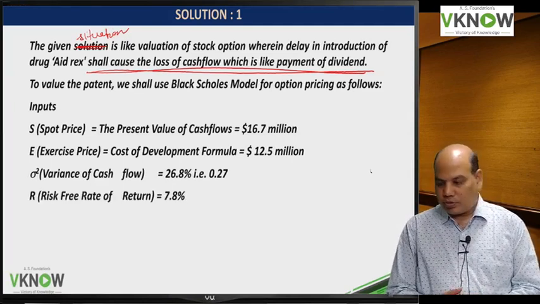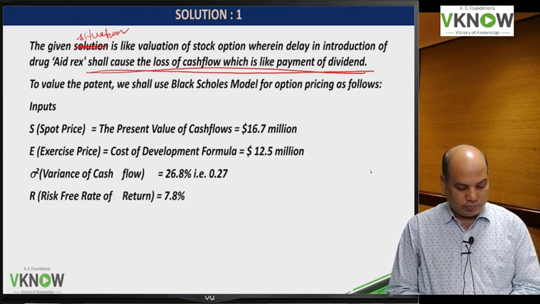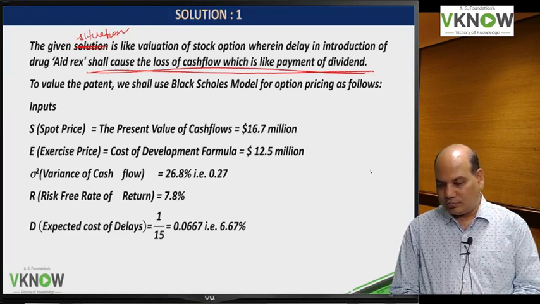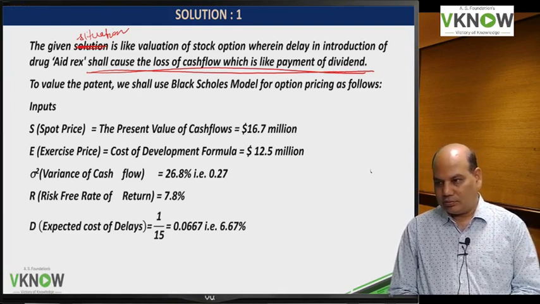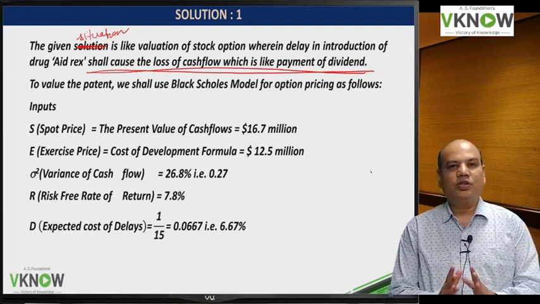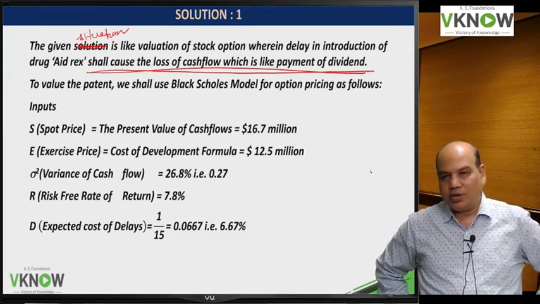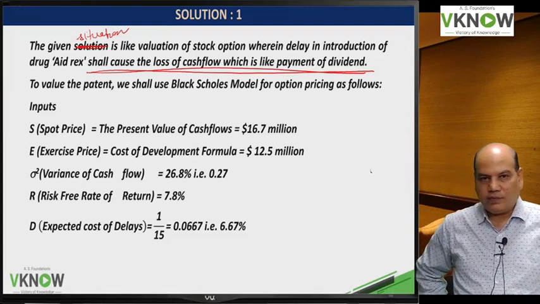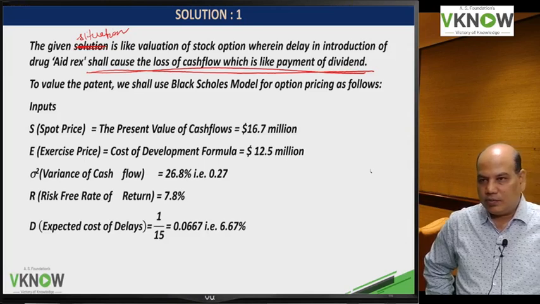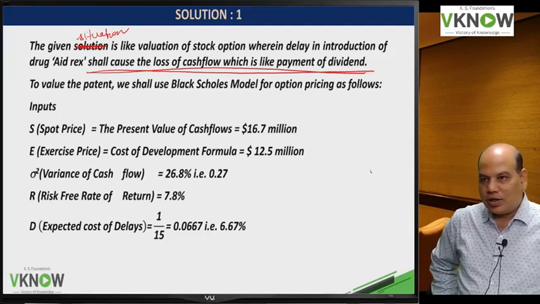Please write down the risk-free rate of return 7.8%, and dividend yield every year is worth 6.7%. So the expected cost of delay is 1/15, which is like dividend yield.